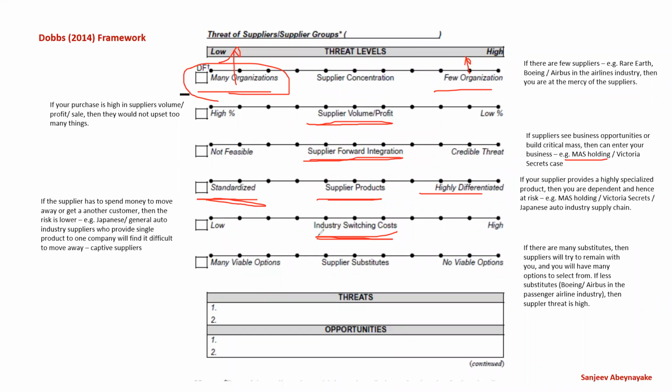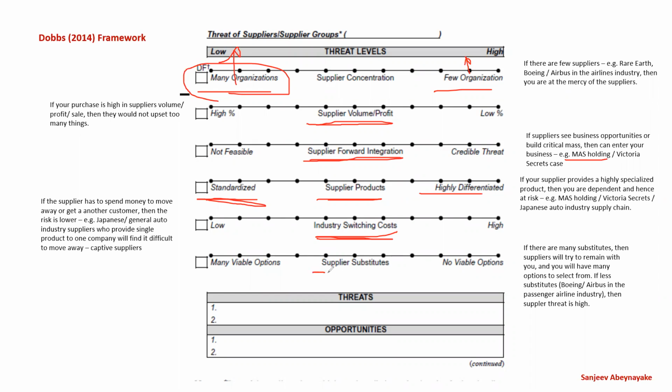But if the switching cost is very high, there's a huge cost, there's a wait time, then your supplier threat is much higher. Very similar to ERP, right? Your industry is dependent on enterprise resource planning, and you can't switch; it's too costly.